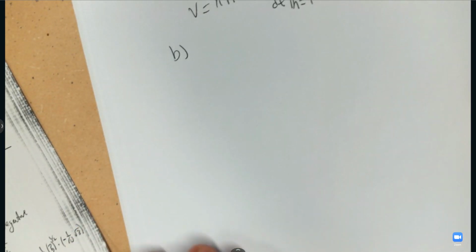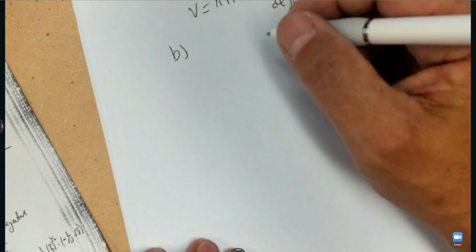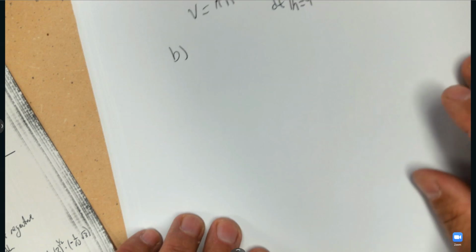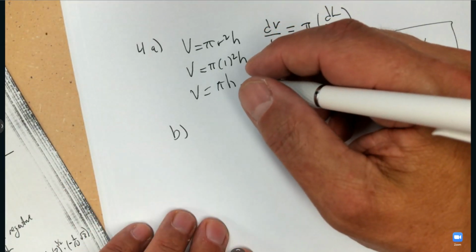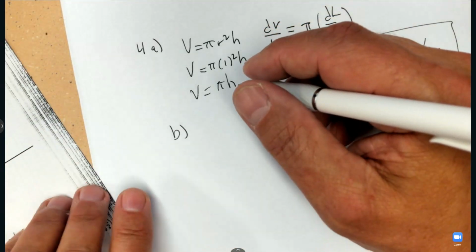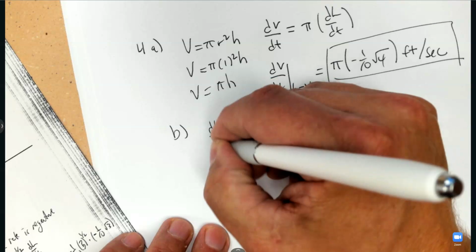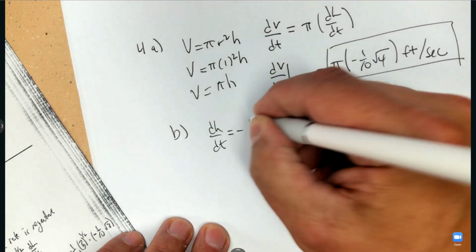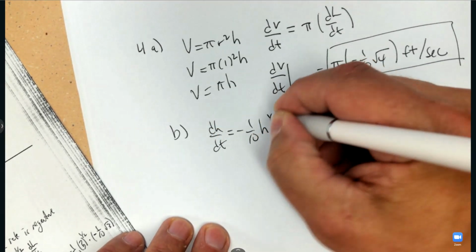So for part B, we're going to take the derivative of the derivative. So we have the derivative here, and I'm going to write it calculus friendly.